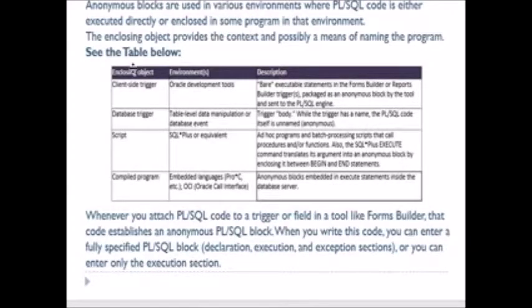Here I have given the enclosing objects: one is the client-side trigger, the other is a database trigger, and what would be the environment suitable for each. The environment here is table-level data manipulation or database event.